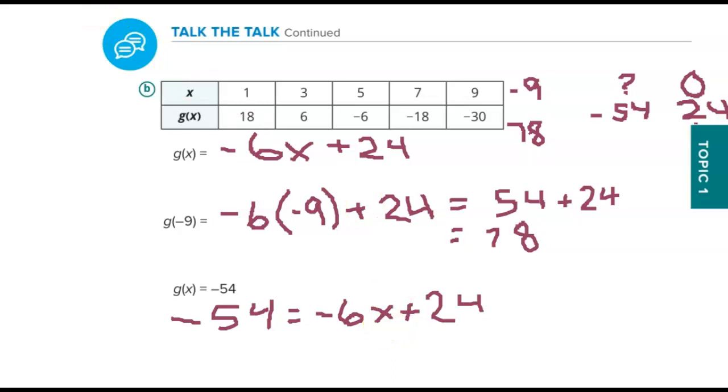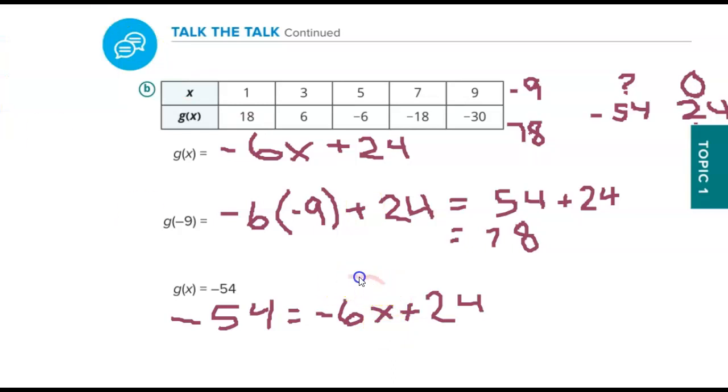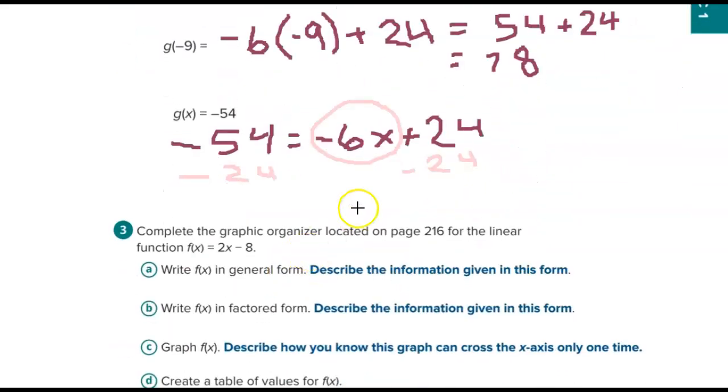So now this is just a matter of solving for x, or isolating x. Our first step is to isolate -6x by doing the opposite of plus 24 on both sides, so -24 and -24, because this will get negative 6x by itself, because 24 minus 24 equals 0.